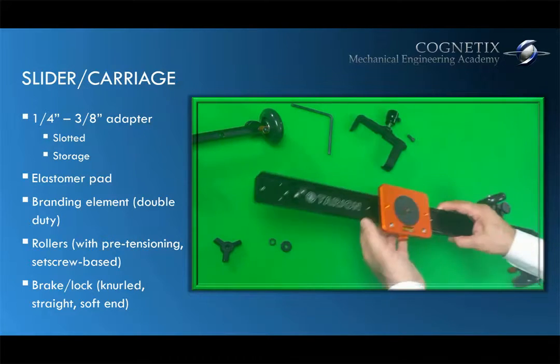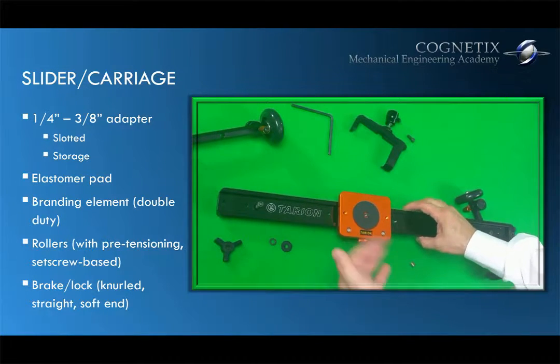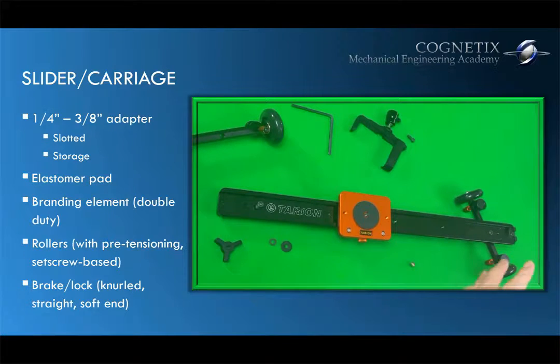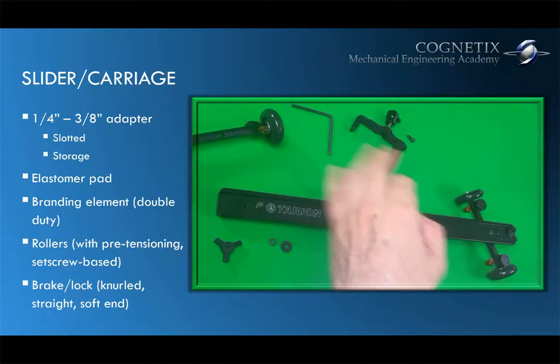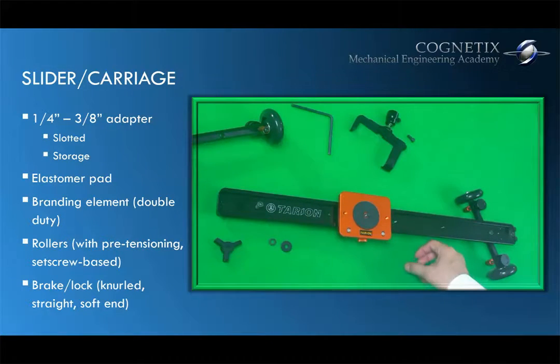The reason I bring this to your attention is that when you're designing a product, you have to understand the industry and what your products need to be compatible with. In this particular case, Tarion knew that a lot of the accessories that they have to be compatible with are 1/4-inch threaded.